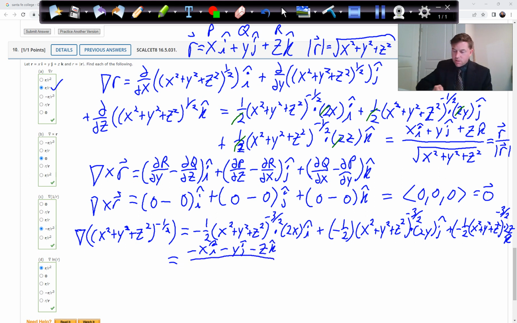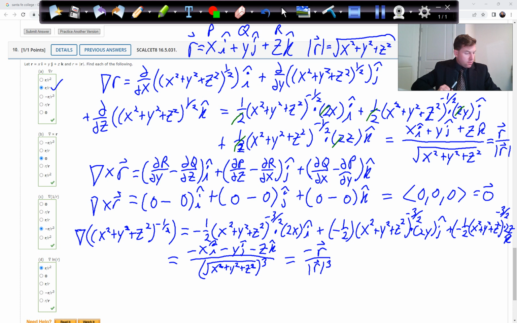So these minuses do stick around, but all the 2's cancel. And on the bottom, we actually have, this is r, this is the square root of x squared plus y squared plus z squared to the 3rd power. So on top, that is the same as minus r vector, and on the bottom, this is the same as magnitude of r to the 3rd power, cubed. And so we have negative r vector divided by its magnitude cubed.